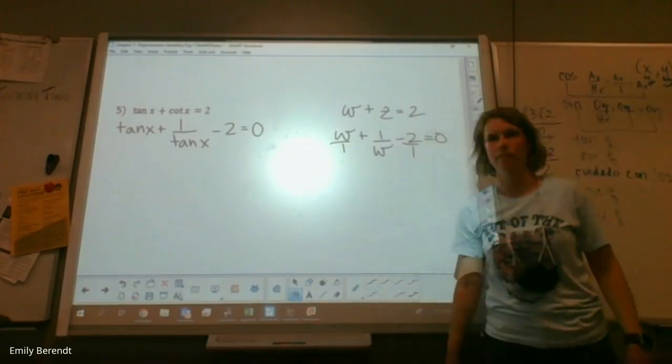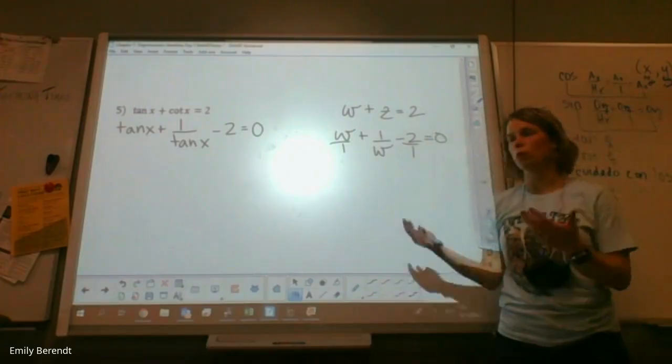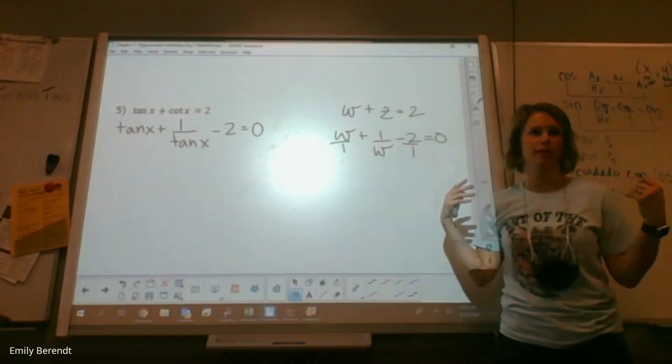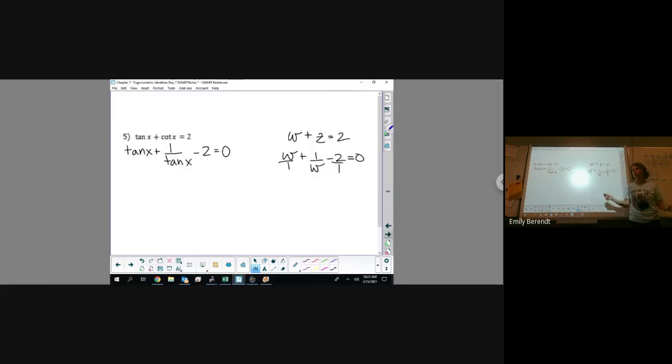You guys remember? What did we want to get rid of? We want to get rid of the fractions. So if you multiply through by the LCD, it gets rid of the fractions. W times W gives you W squared.